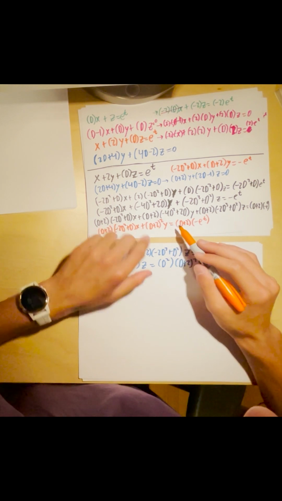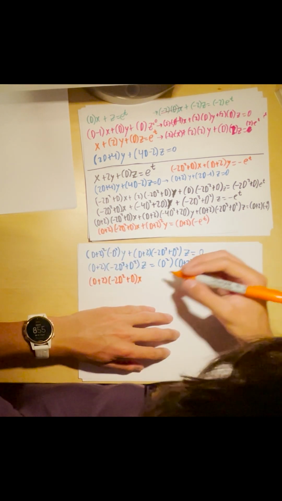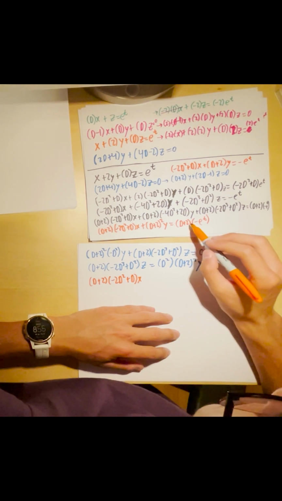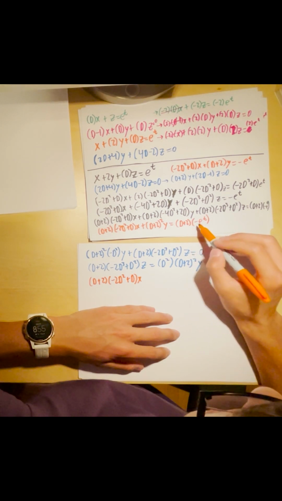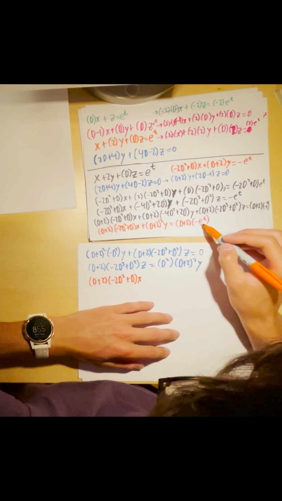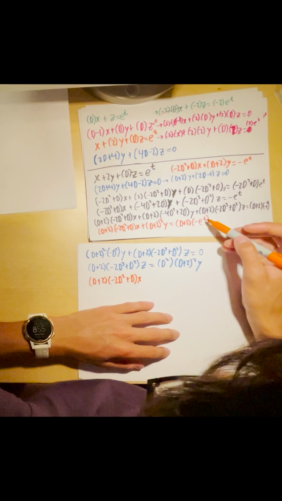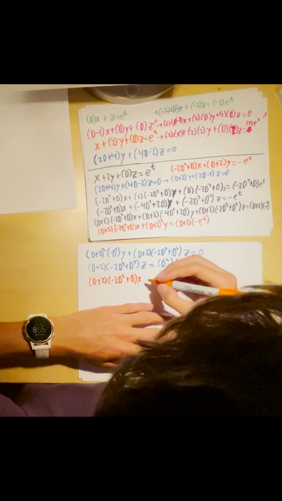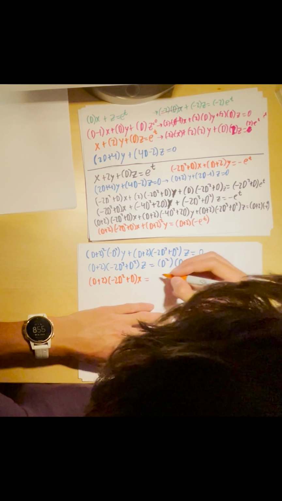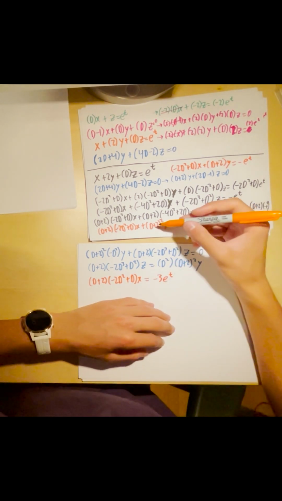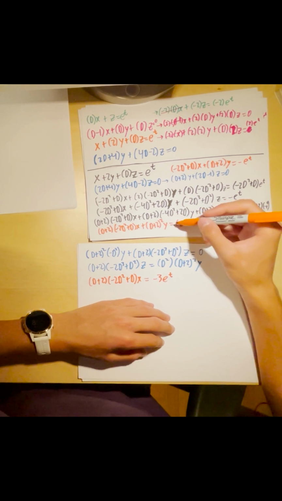d plus 2 squared y, which, and when we do d plus 2t e to the negative t, we actually get, so derivative of negative e to the t is negative e to the t, 2 times that. So we're going to get negative 3e to the t on this side. So I'm going to write negative 3e to the t. And we're subtracting d plus 2 all squared y.